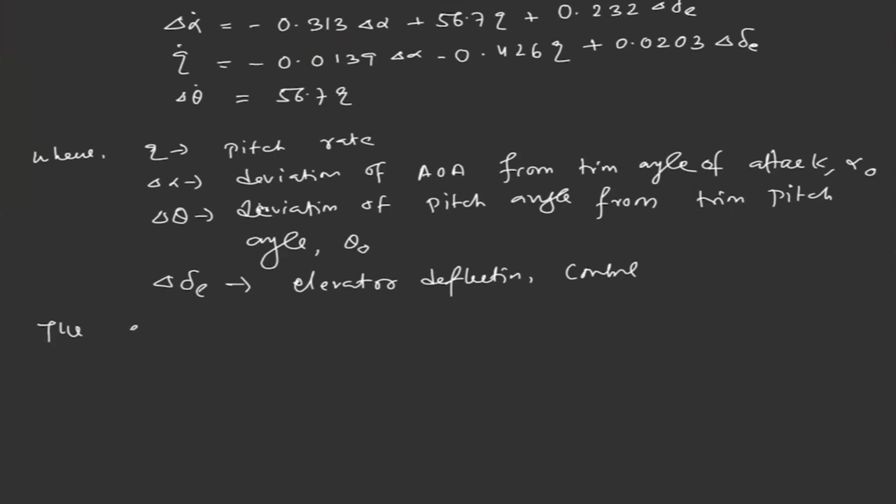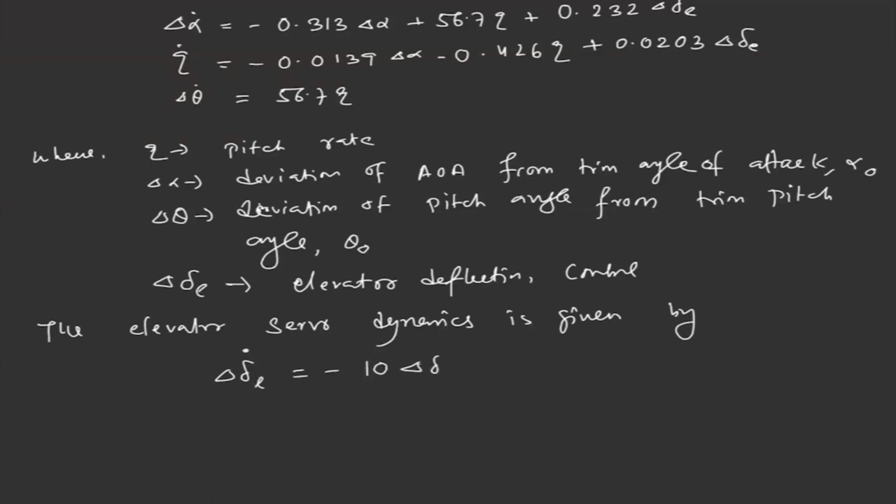The elevator servo dynamics are given by delta E dot equal to minus 10 delta E plus 10 V.